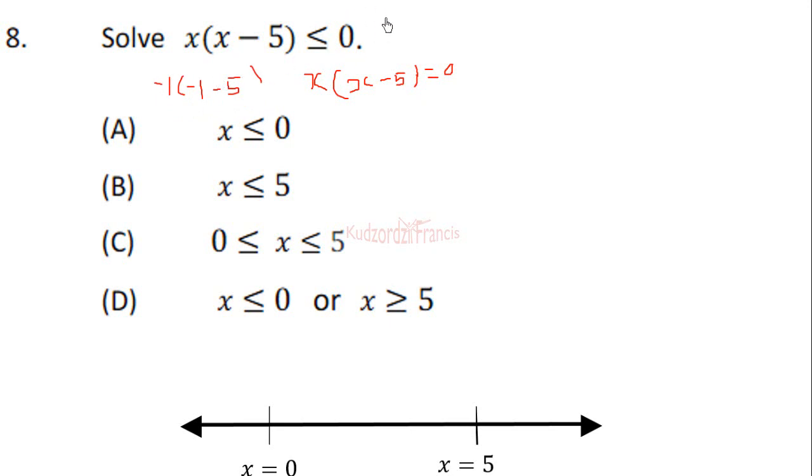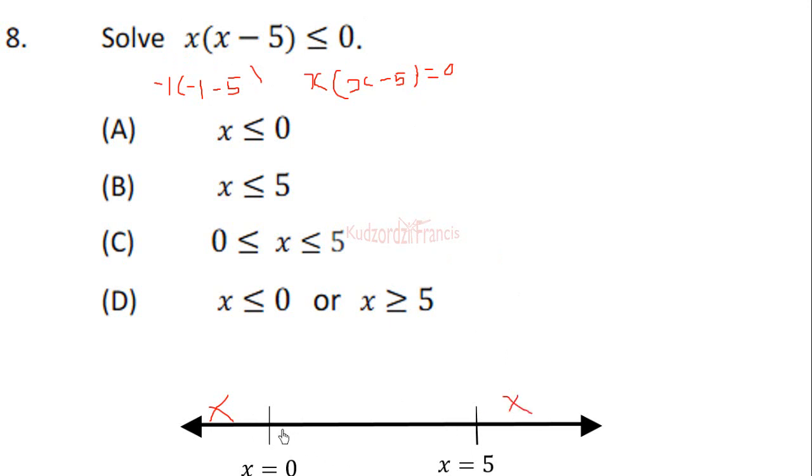Positive can never be less than or equal to 0, so that is false. So this region is not part of the solution. Now we can try this region too. Let's plug in 6. If you plug in 6 you get positive. Positive is never less than or equal to 0, so this region too is out.